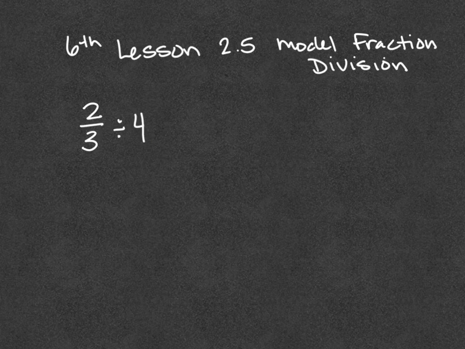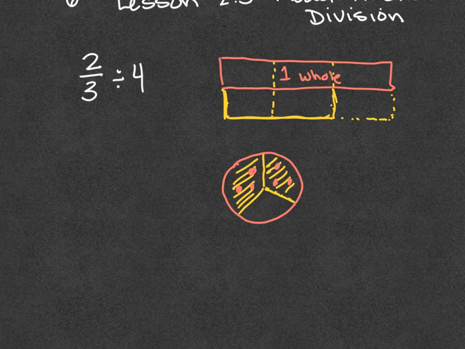In the lesson on page 69, they used a bar as the model. I'll go ahead and use that, but I'm also going to use a pizza because for some reason food seems to sink in better for me. All right, so here I have one whole. I went ahead and put the one whole there so that I can mark out what 2/3 looks like. Also, I put one whole pizza. Okay, so here's one whole.